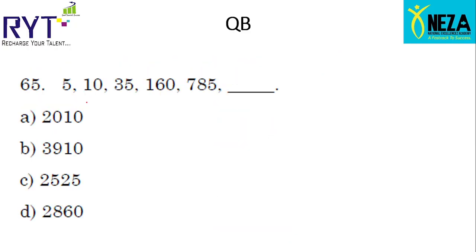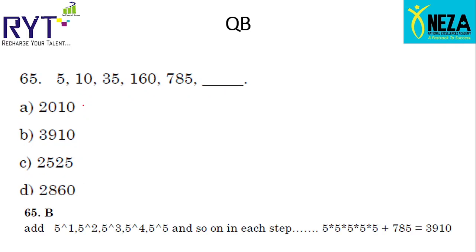5, 10, 35, 161. The difference between these is 5. So when we look at this, this is 5 to the power of 1, 5 to the power of 2, the next it is going to be 5 to the power of 3.